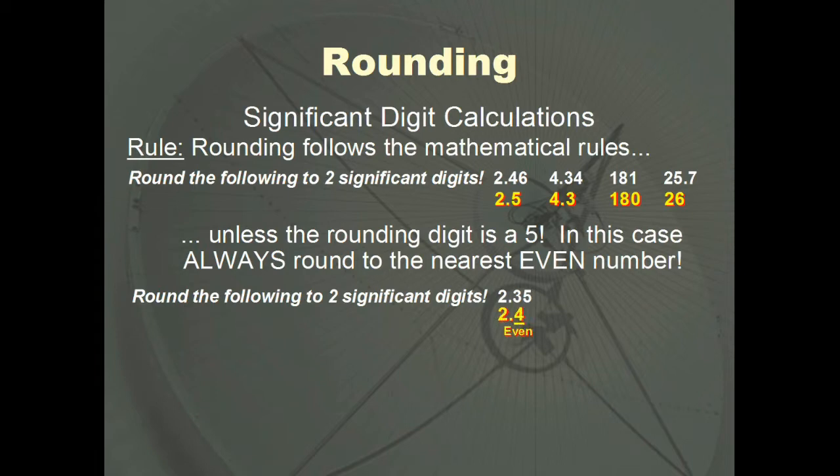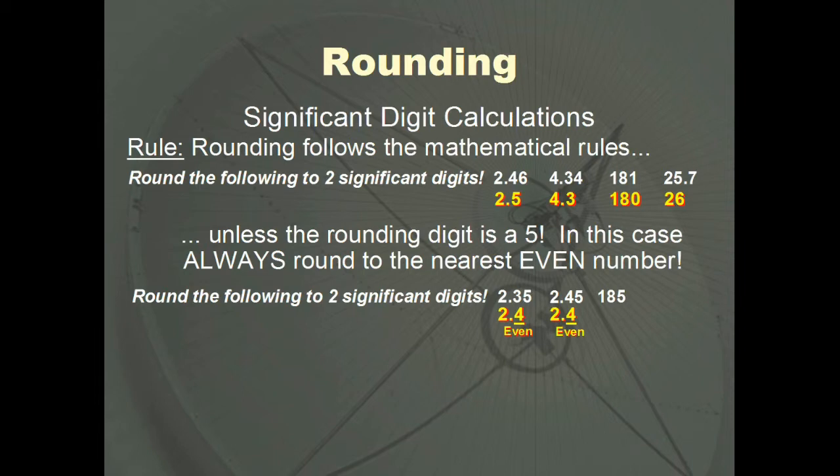Well, in this case, it follows the mathematical rounding rule, and I'm rounding up. But what about 2.45? If I would round up, I would end up with 2.5. But the 5 would be odd. Hence, I would round this one down 2.4 because the 0.4 is the closest one that's even.